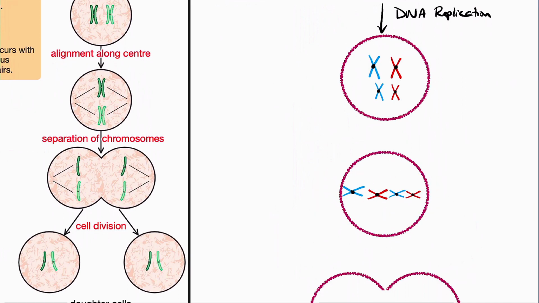There we go. They're going to line up in the middle. So that's the meeting in the middle. And that's going to be metaphase. But whatever, you don't need to know that. So they just meet up in the middle. Now, why would they do that? Well, they do that because then they can be pulled apart evenly.